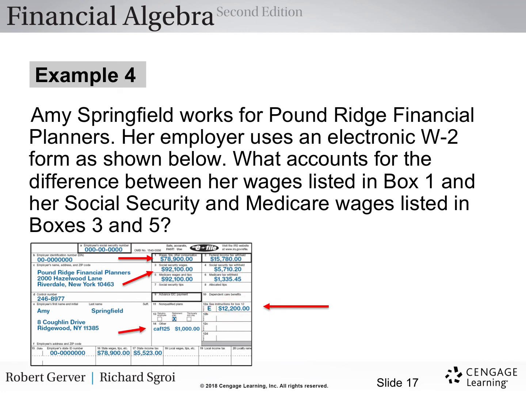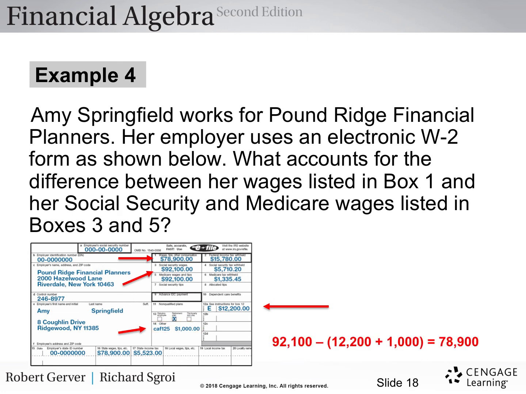In addition, you see this other category down here in box 14 of $1,000. So if you take this $1,000 plus this $12,200, and subtract it from the $92,100, then you will come out with the $78,900.